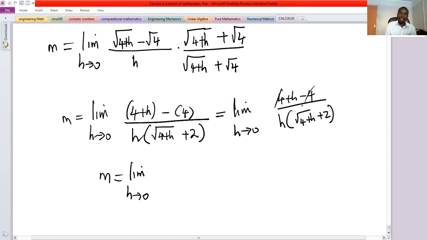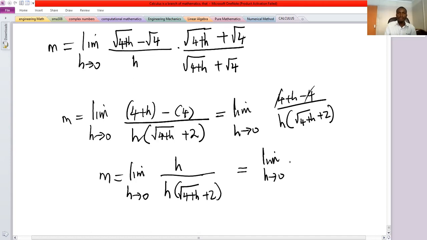Here this and this cancel, so it will be h into square root of 4 plus h plus 2, which will be the limit as h approaches 0. Now h and h cancel, 1 over root 4 plus h plus 2.